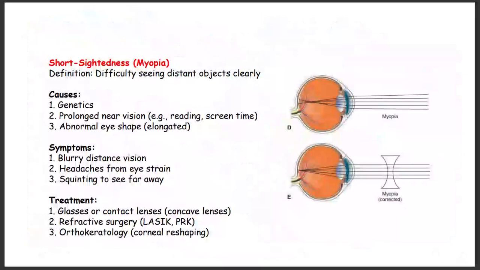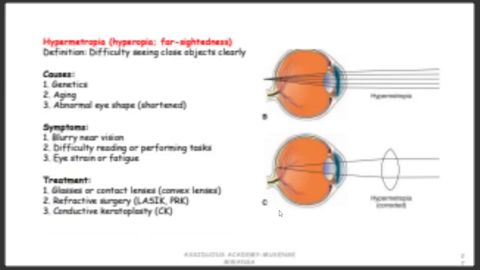So here is the diagram. You can see if someone has short-sightedness, myopia, they have difficulty seeing things which are far, but they can see something that is near. When you're looking at something that is far, you can see the image is forming before the retina. To correct this, you use a concave lens so that you can diverge the rays of light.